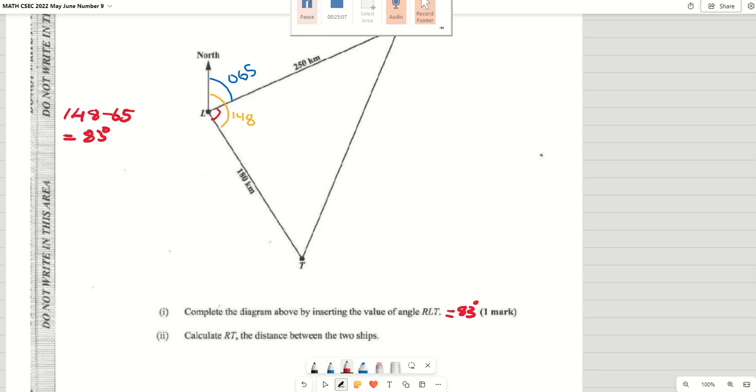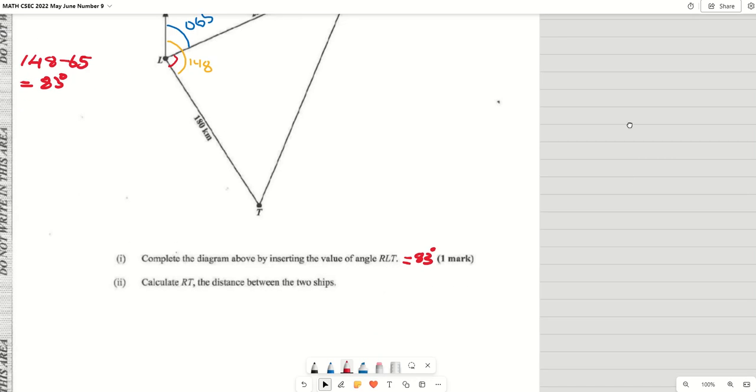You ask yourself what is given in this triangle. We have two sides and an included angle. If they had given the angle and the side opposite that angle, you could use sine rule. However, they gave you the two sides and the included angle, so therefore we use cosine rule.